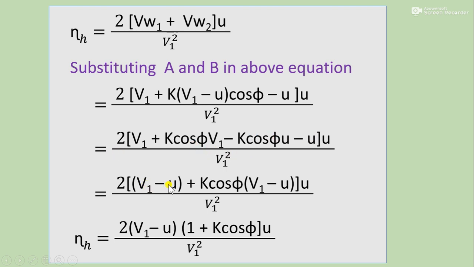Now V1 minus U is in one bracket plus K cos phi, we can take common, so K cos phi bracket V1 minus U bracket complete, square bracket complete into U by V1 square. Now in this case V1 minus U is a common, so we take outside of the bracket. So we get hydraulic efficiency is equal to 2 into bracket V1 minus U second bracket 1 plus K cos phi bracket complete U divided by V1 square.